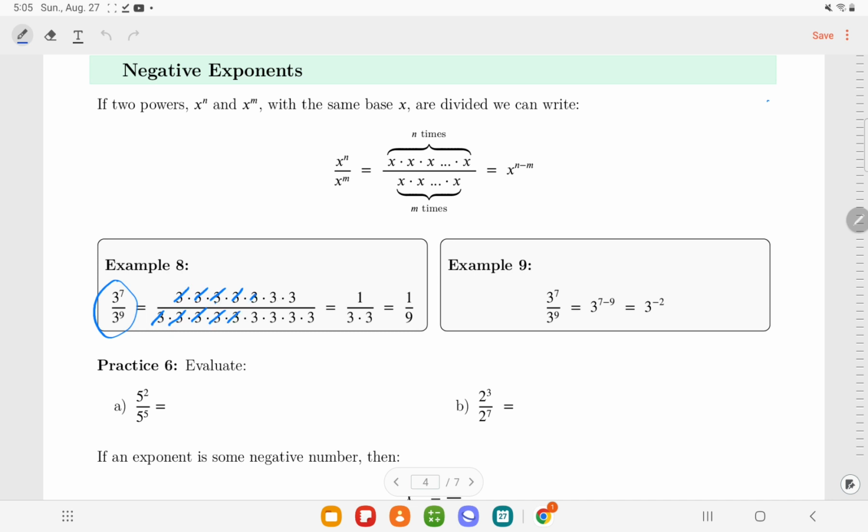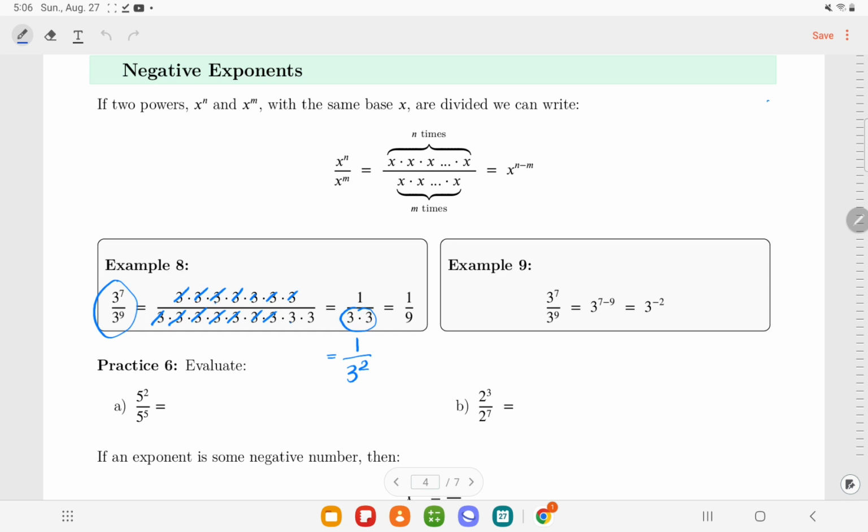And when we complete it, we see that on the top we have 1, on the bottom we have 3 times 3. And we can rewrite it as 1 over 9, or we can rewrite it as 1 over 3 squared.